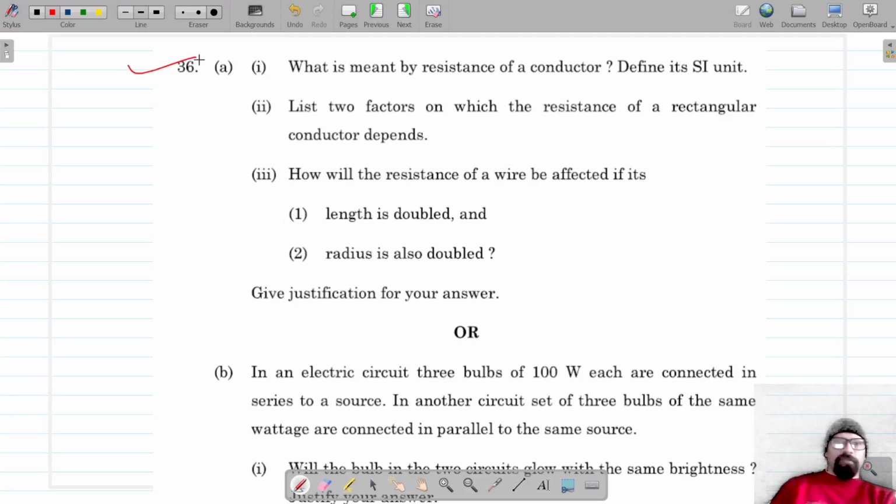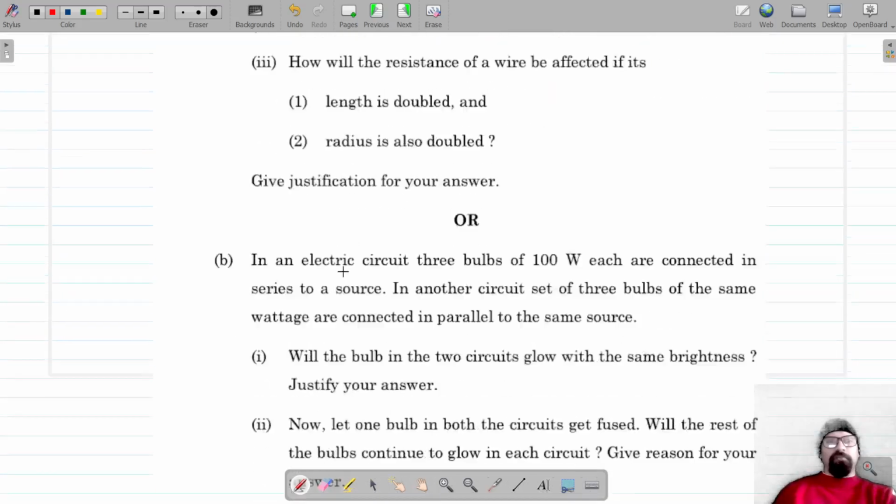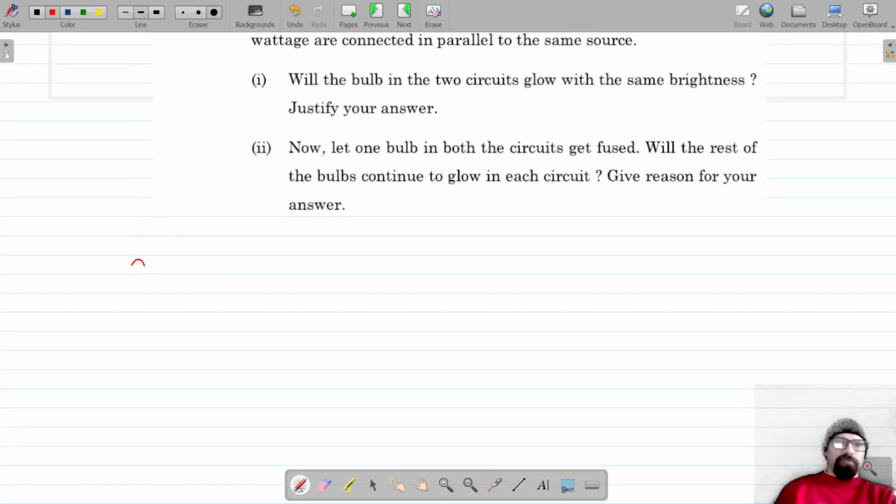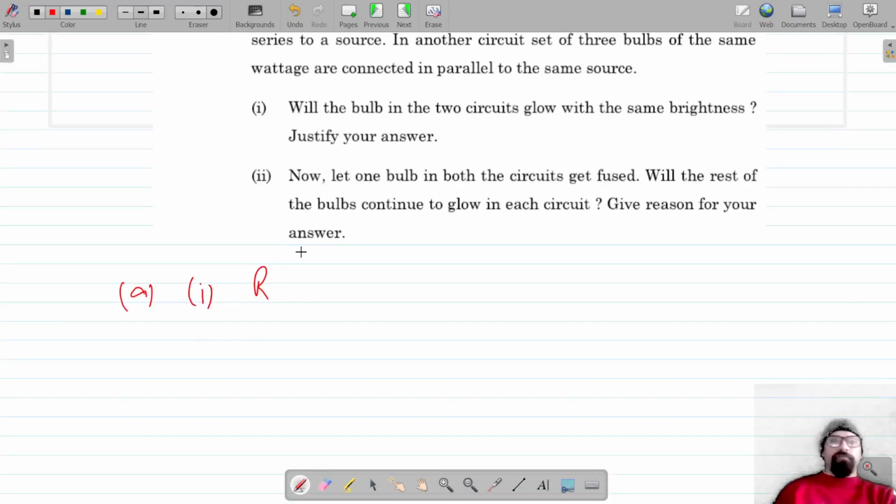Okay, for question number 36, the first part is what is meant by the resistance of a conductor, and we have to define its SI unit. What is meant by resistance?